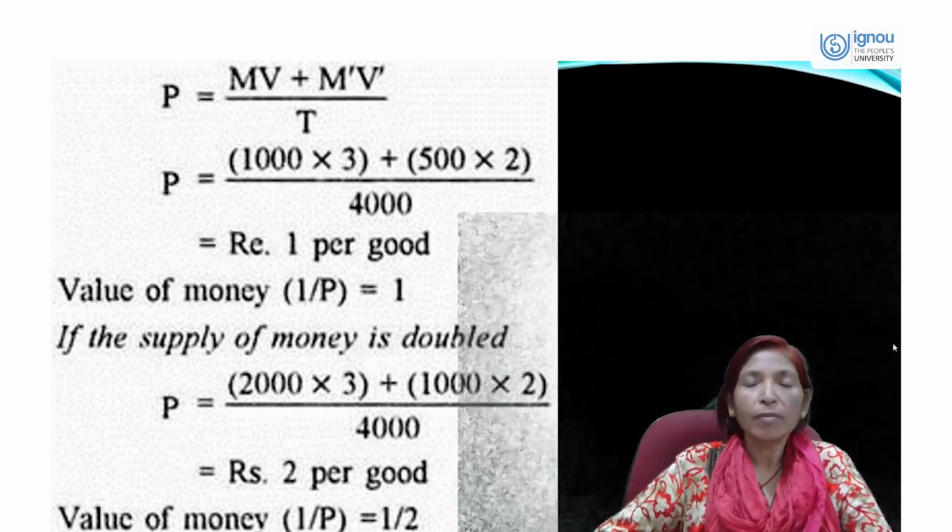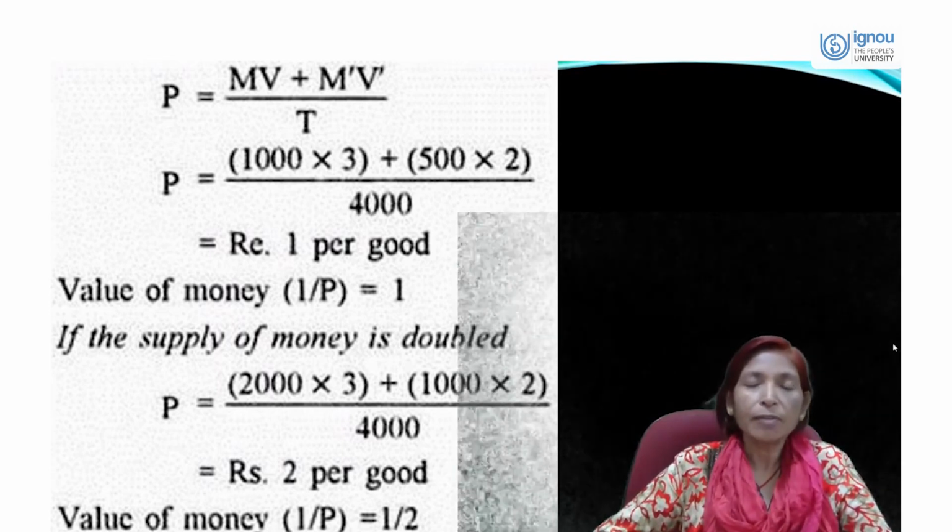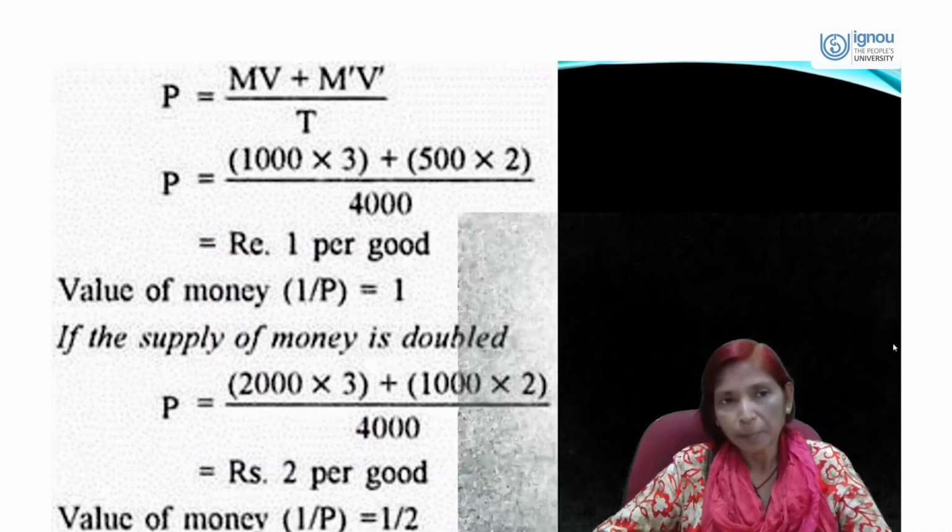So this is the modified equation of Irving Fisher's quantity theory of money.